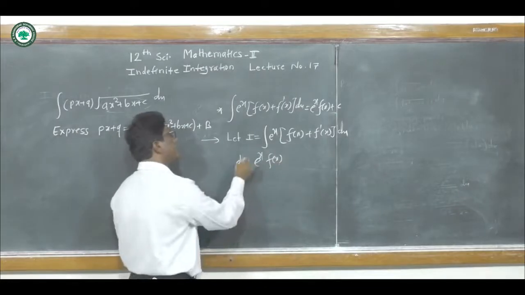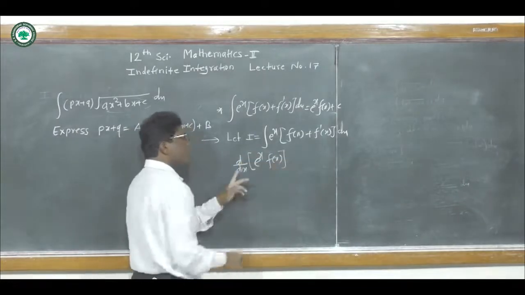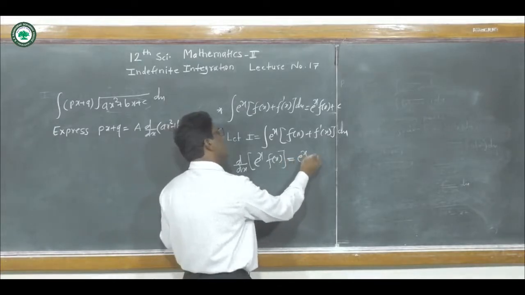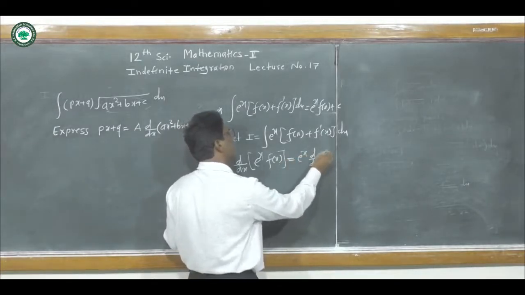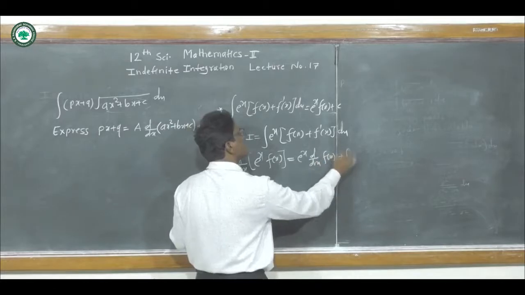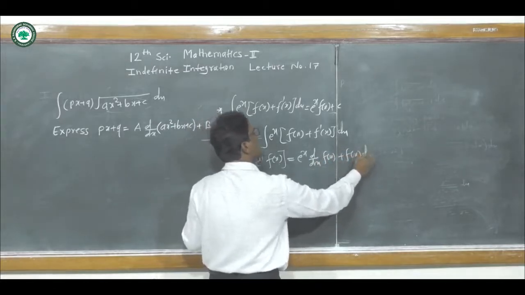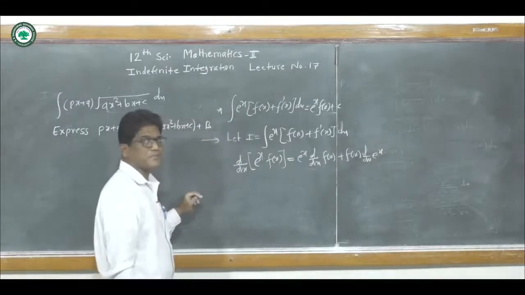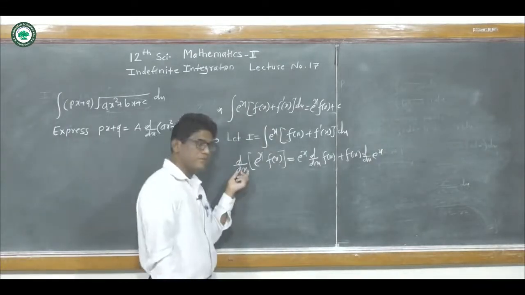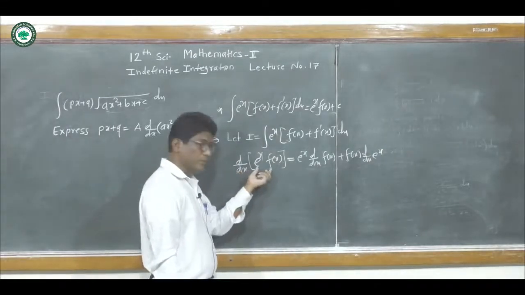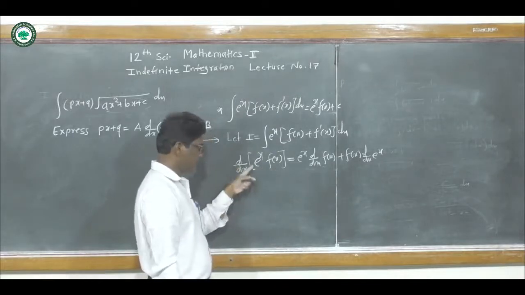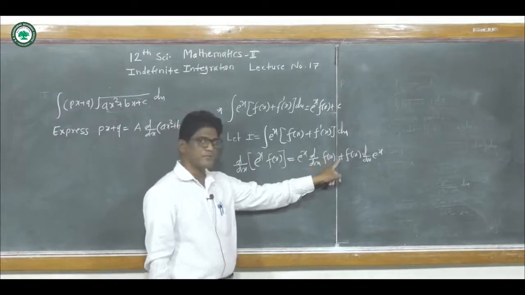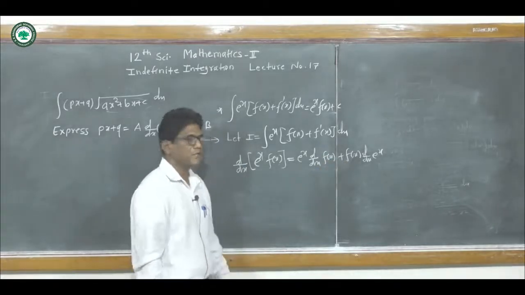It is equal to e to the power x into d by dx of f of x plus f of x into d by dx of e to the power x, using the rule of derivative of uv, d by dx of uv is u into d by dx of v plus v into d by dx of u.